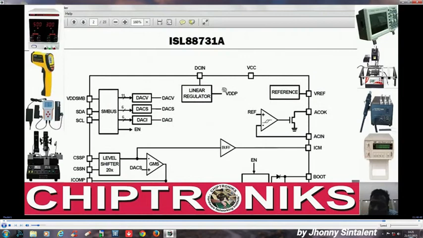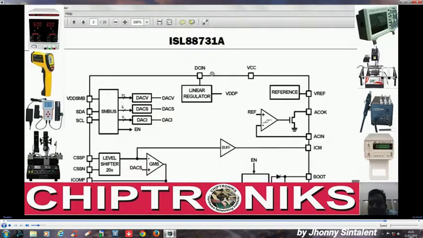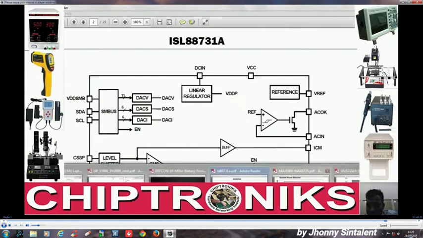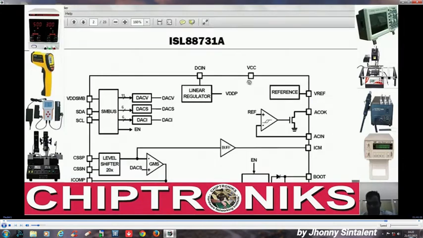Similar to the Maxim 8725, the important pins are DC in and AC in. After DC in, it's an input to an internal linear regulator, which generates a voltage VDDP. Similarly, over here it generates LDO. So both of them are quite similar.